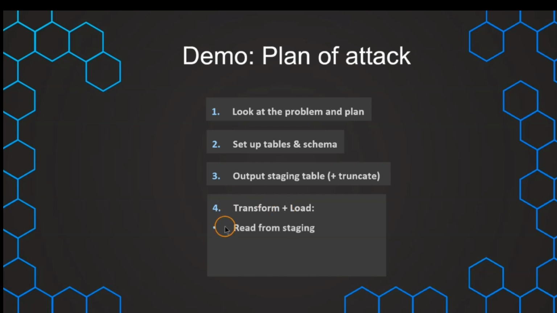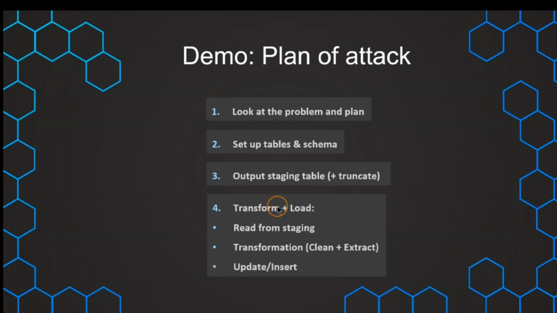And this will be done by first reading the data from the staging. Afterwards, we can set up our transformations. We have learned we need to clean it, and then we want to extract the data from these parentheses to set up a separate column.